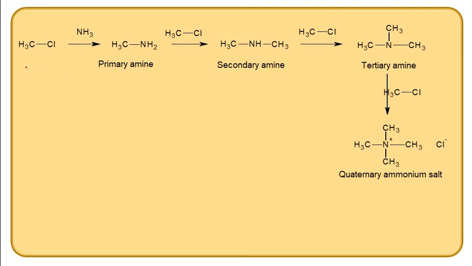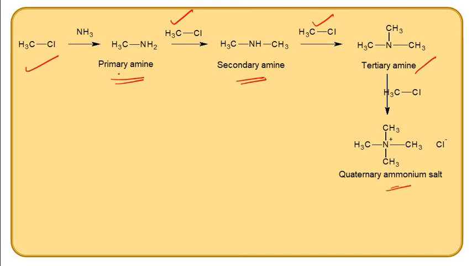See how the reaction goes. We take methyl chloride and convert it into primary amine, methanamine. That is converted to secondary amine by taking one more alkyl halide. For the secondary amine we add one more methyl chloride to get tertiary amine. Tertiary amine is converted into quaternary ammonium salt.